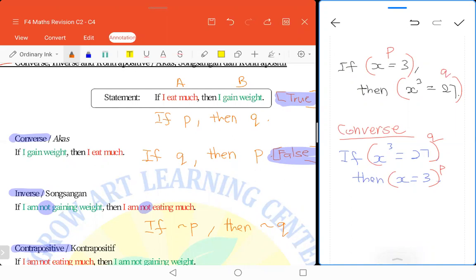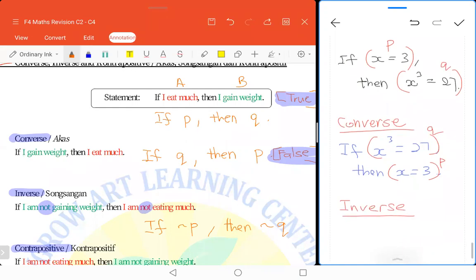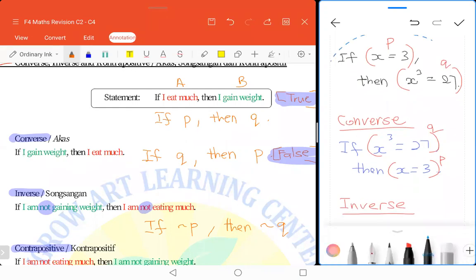Okay. Inverse is the opposite of it. You just play with the sequence. Okay, we continue. So that's the converse here. Next, we go to inverse. Inverse means you have to add in a "not". Follow back the original statement, but make it not equal to.